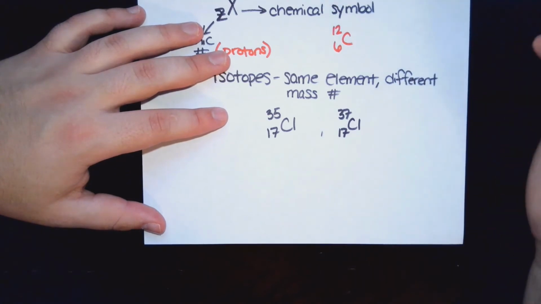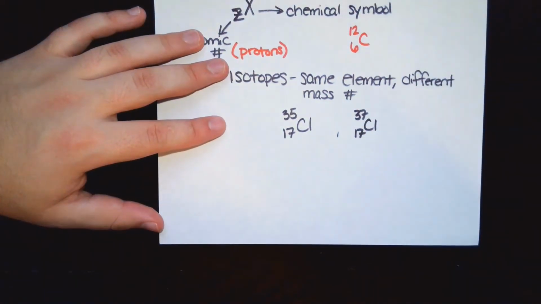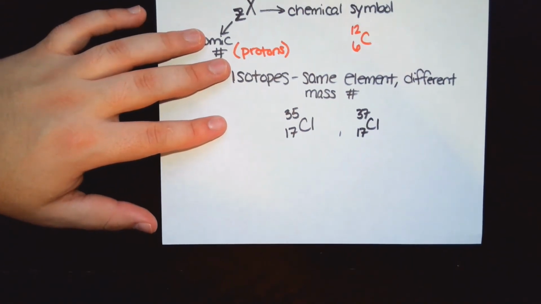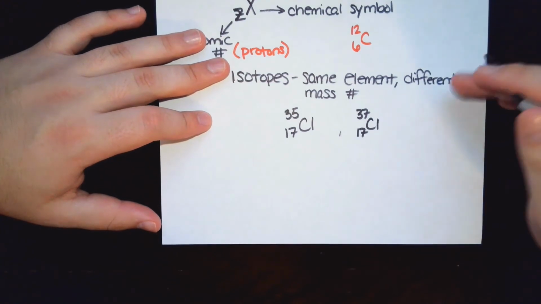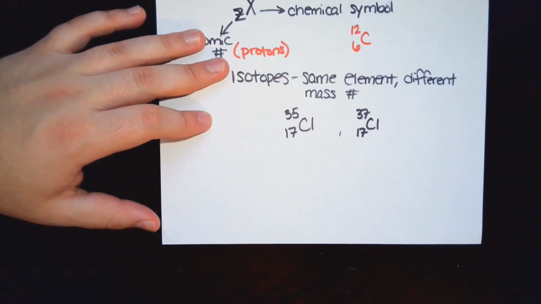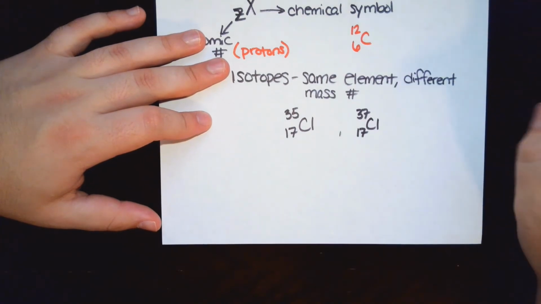And we also know the percent abundances of these. If you know the percent abundance of different isotopes, you can figure out the atomic mass. So basically what that means is out of all of the chlorine atoms in the world, based on data that's been collected, what percent of those atoms are each individual isotope. So obviously they should add up to 100, right?